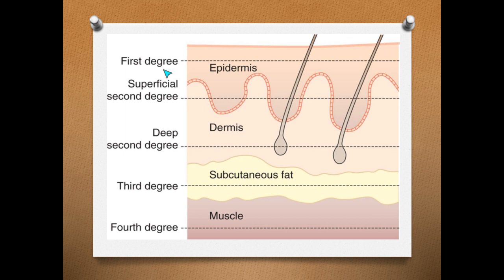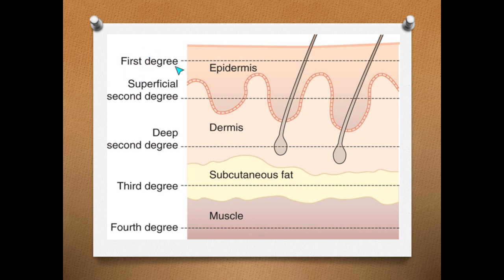And then you have superficial second degree, which affects the papillary dermis, as is clear here. This is second degree burn. So superficial partial thickness burn, in the classification we mentioned a little while ago, includes first and second degree burn.